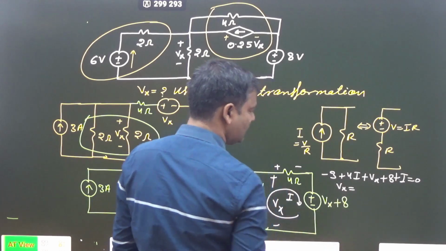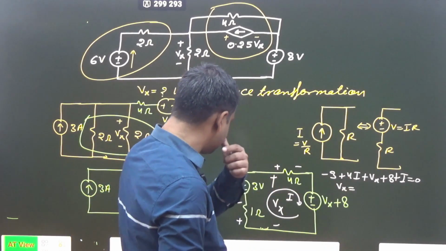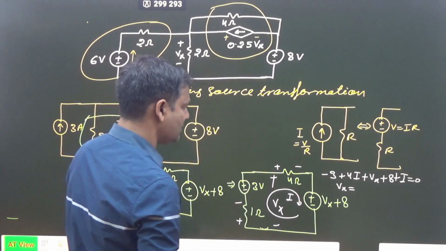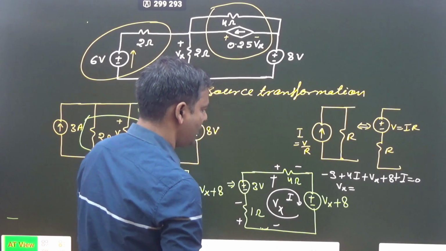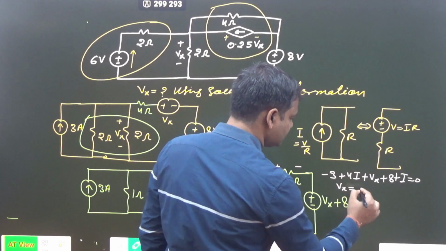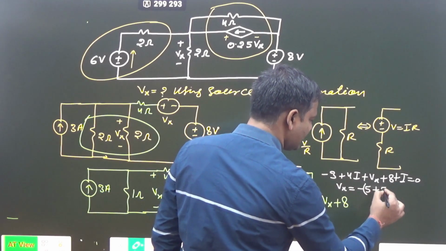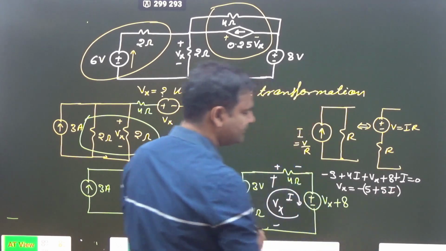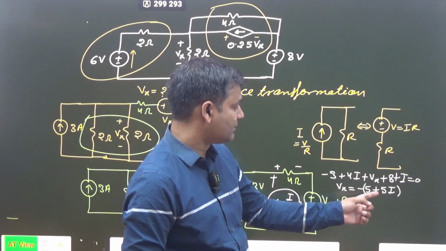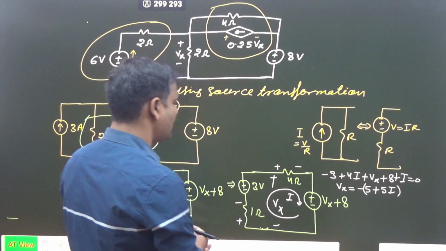Vx is written as how much? Minus 5 minus 5I.